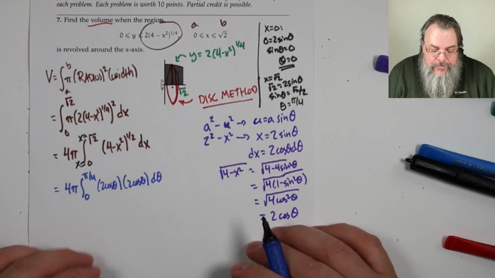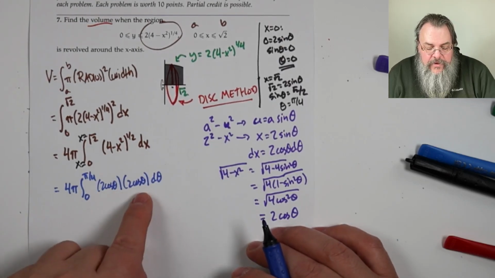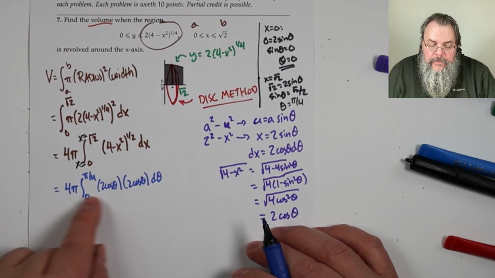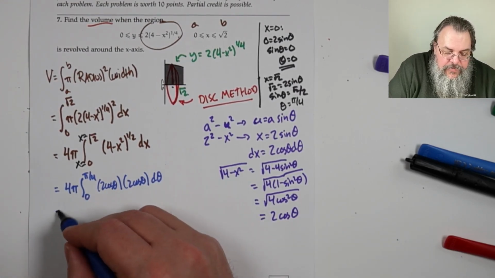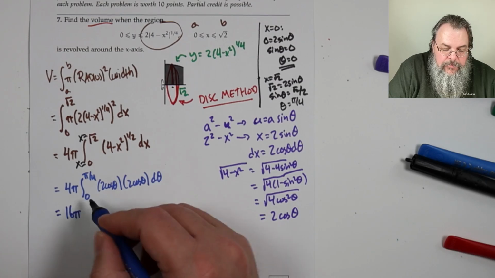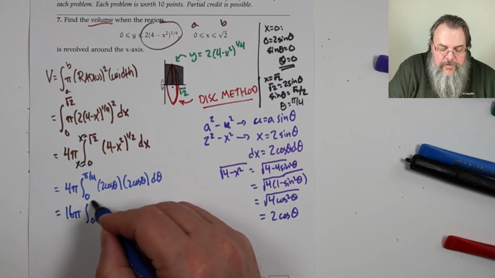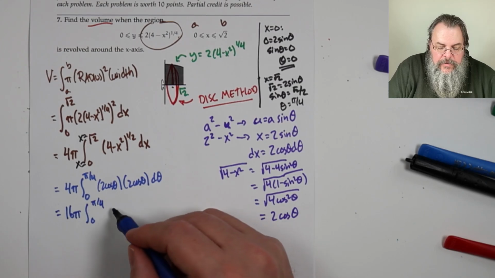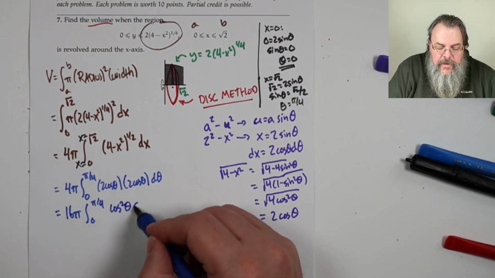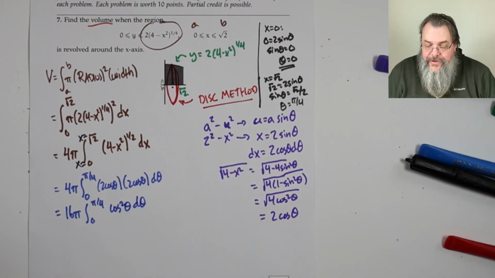Okay, well, what can we do? Certainly we can pull out the 2's. If we pull out the 2's in front, that gets us to 16 pi, and we have the integral from 0 to pi over 4 of cosine squared. What do we do with that cosine squared?